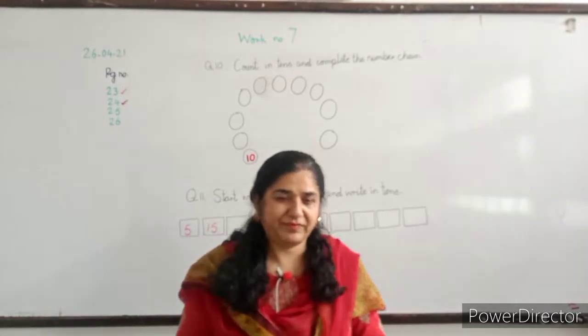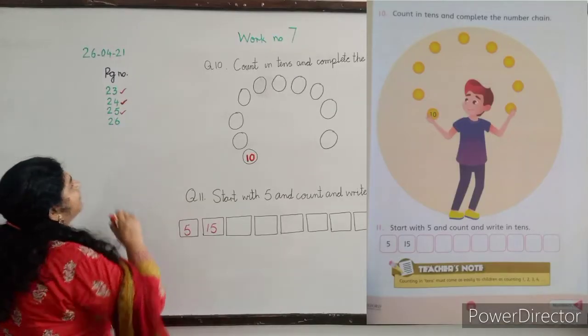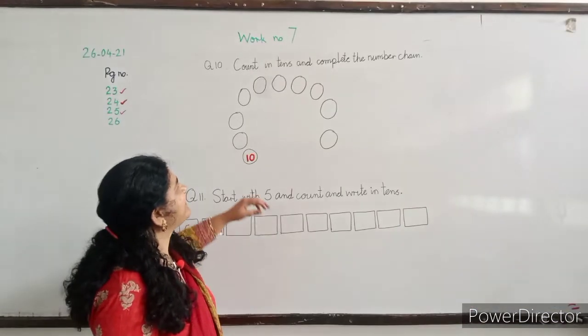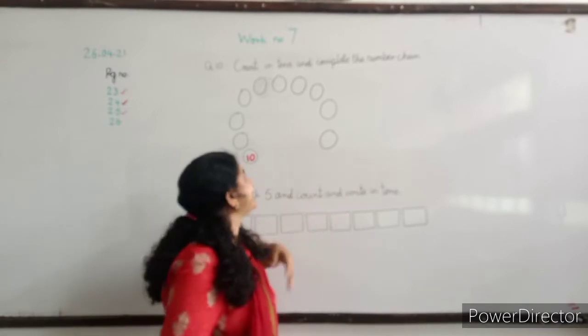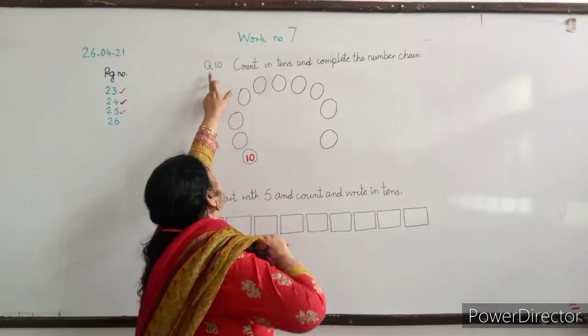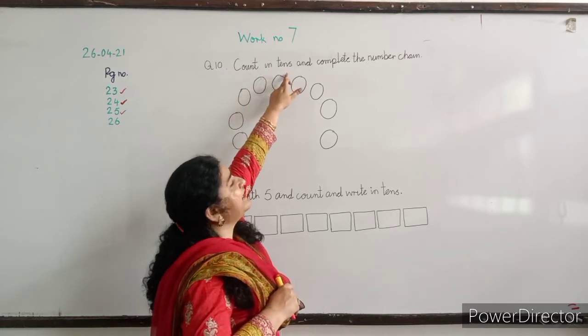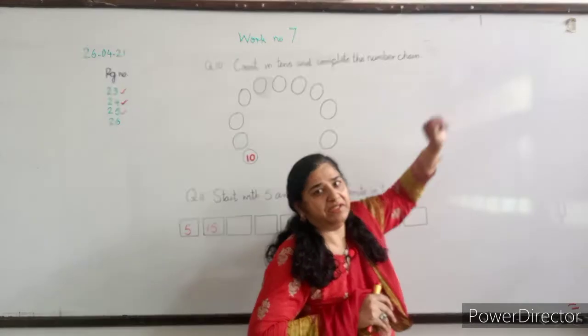Now, children, we are going to do page number 25. Everyone open this page. This is very interesting, and the simple counting is here. Look here. Question number 10. Count in tens and complete the number chain.